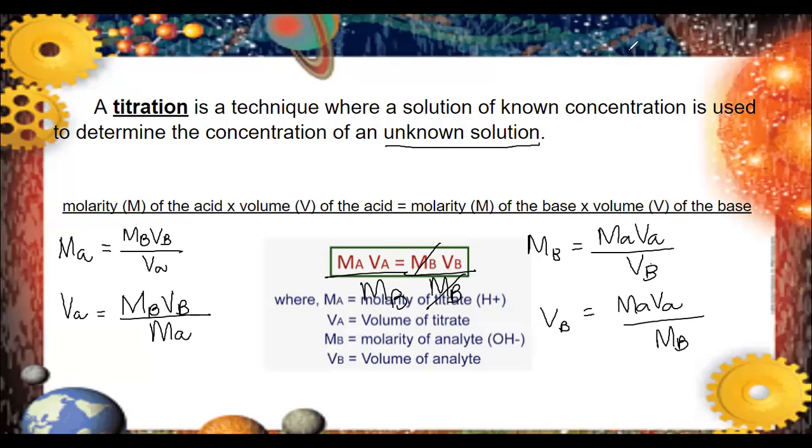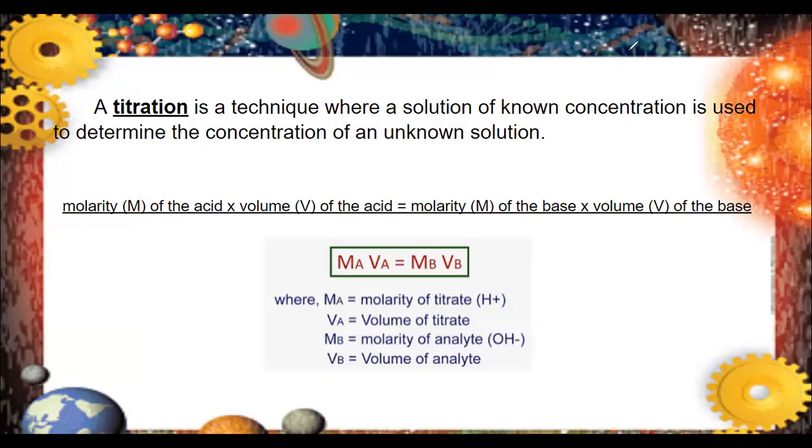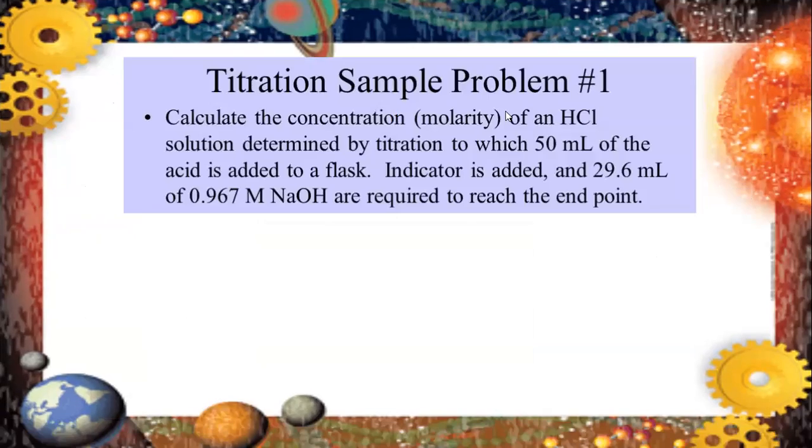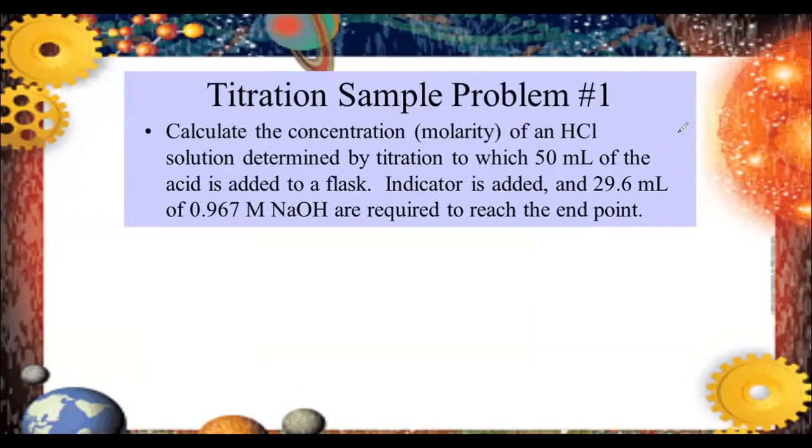Now, let us apply this to word problems. Alright, so as you can see in our slide, we have here the first problem for titration. So let us try computing this one. So let us read a problem. Calculate the concentration of hydrochloric acid solution determined by 50 ml of the acid is added to a flask.